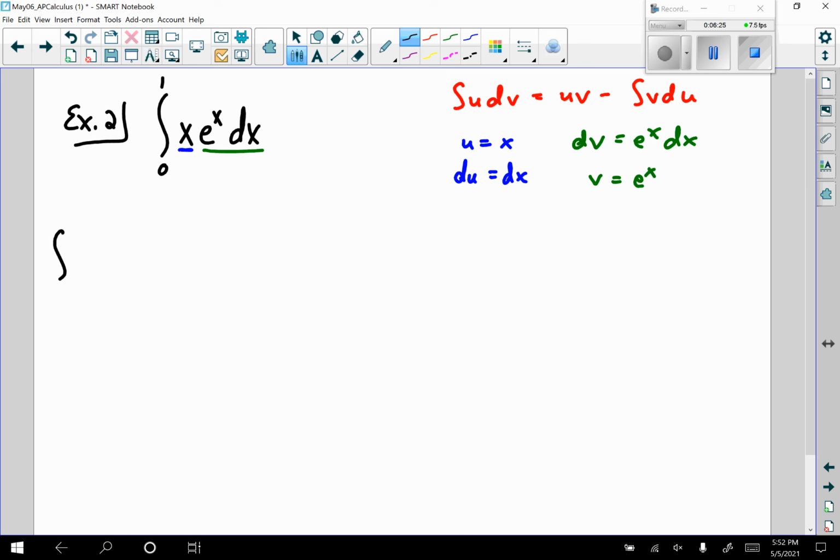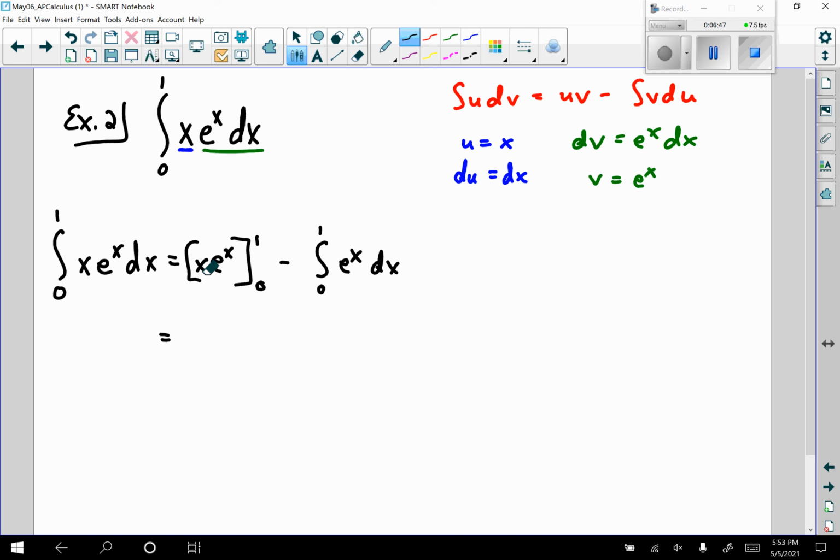So now we have the integral from 0 to 1 of x times e to the x dx. So this becomes u times v, x times e to the x. However, we still need to evaluate this as x goes from 0 to 1, minus the integral from 0 to 1 of v du.